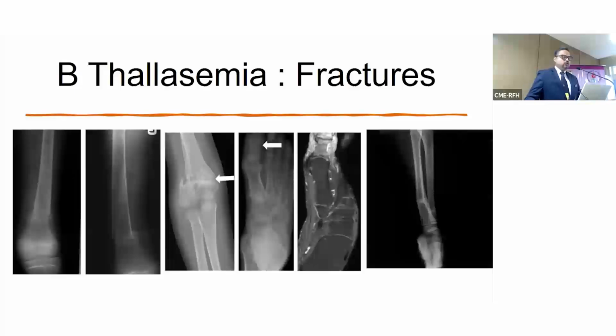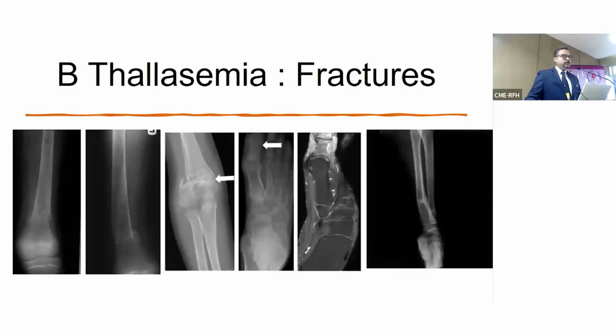Beta thalassemia is known to have a lot of pathological and many a times subclinical fractures which are not seen on X-ray. You may need advanced imaging like an MRI, wherein you can actually see the marrow edema and an early insufficiency fracture rather than a complete cortical break.